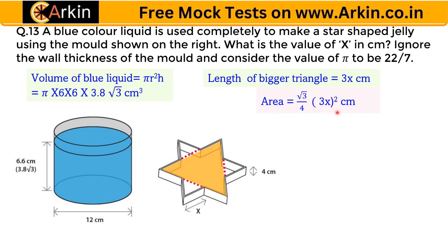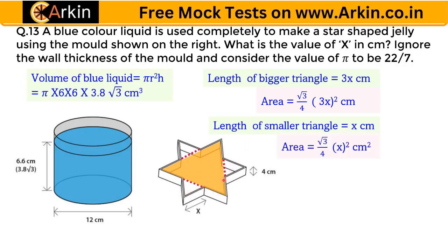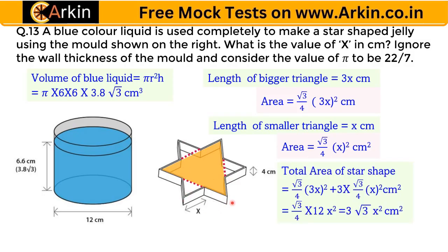Now there are smaller triangles. These are also equilateral triangles, and there are 3 such triangles, each with side x. So the area of one triangle will be root 3 by 4 x square. There are 3 such triangles, so the total area of this star shape will be this plus 3 into this area.